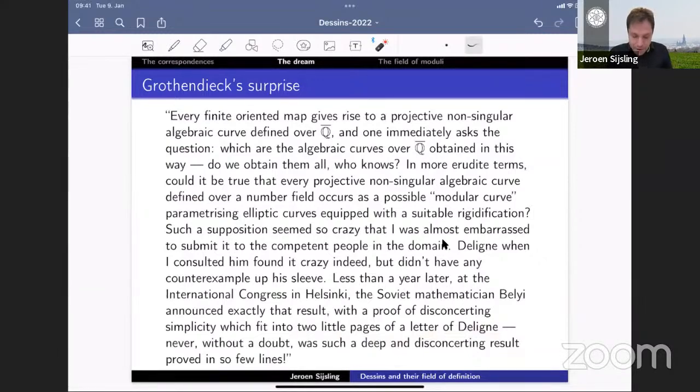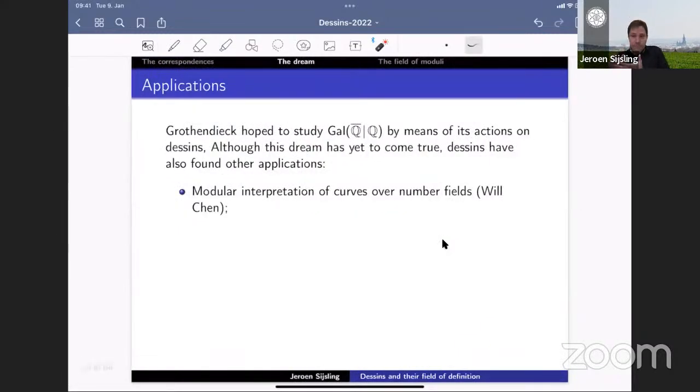Never mind. Grothendieck's dream was that you can study the action of the Galois group by its action on dessins. Now, like I said, that is not yet finding very meaningful invariants in this way. That is a project that is yet to be completed, but it has found many other applications.